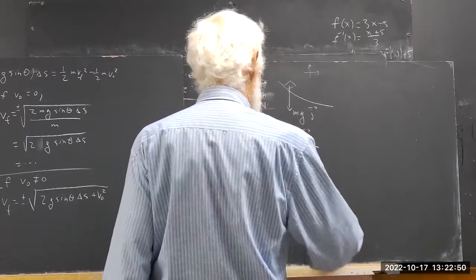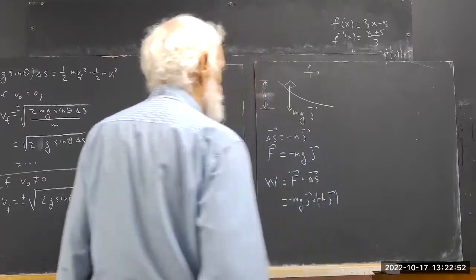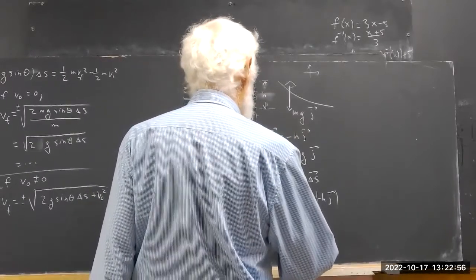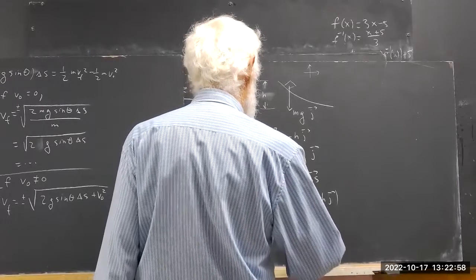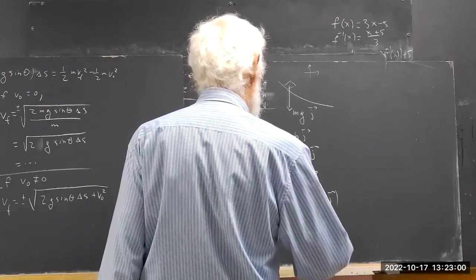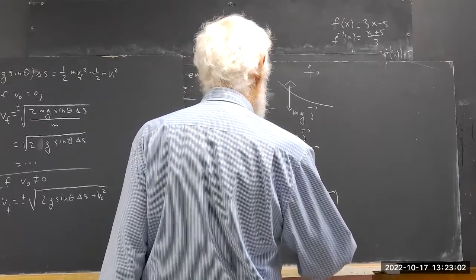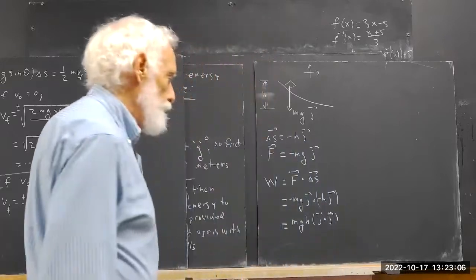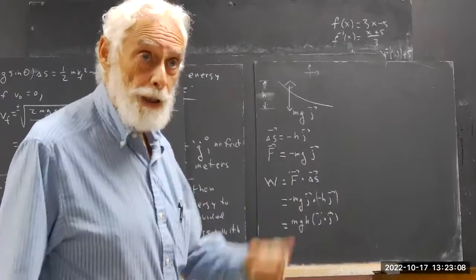Make sure we'll see that dot. Well, that's MGH times J dot J, and J dot J is 1.